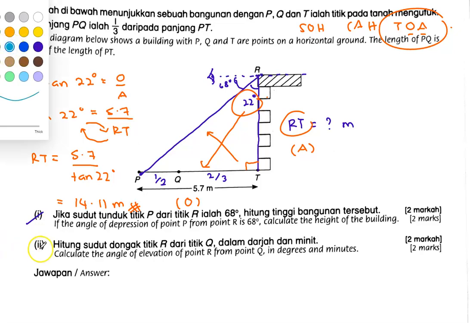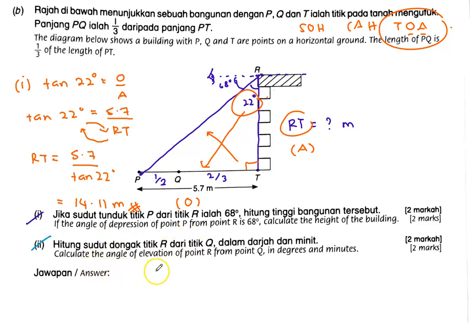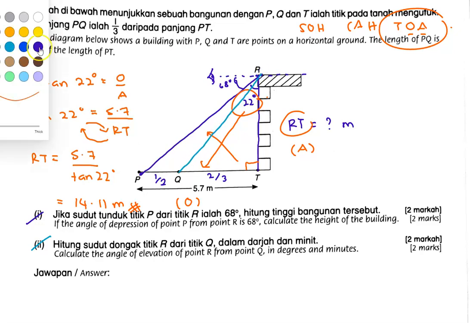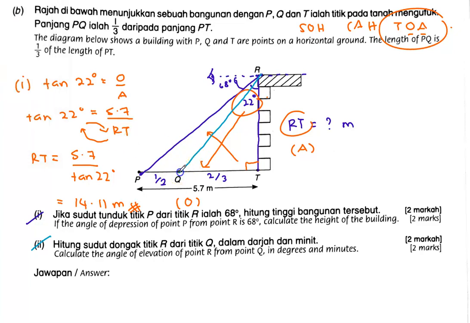Second question: calculate the angle of elevation of R from point Q. I'm going to use another color that is easy for you to look at, which is green. Okay, this is the one.